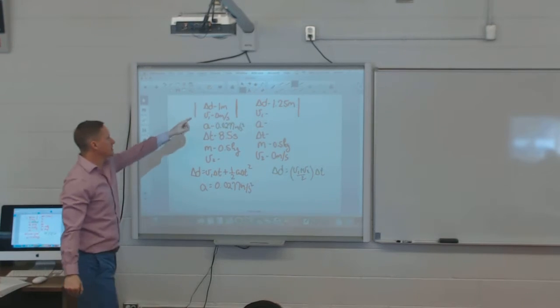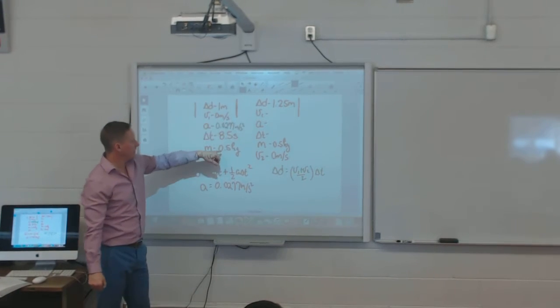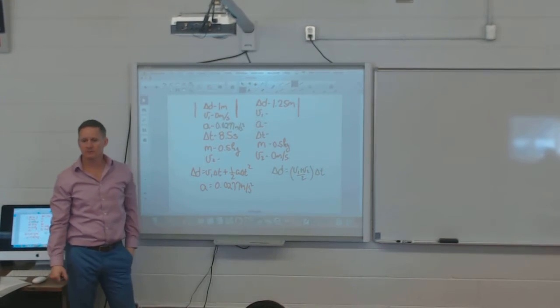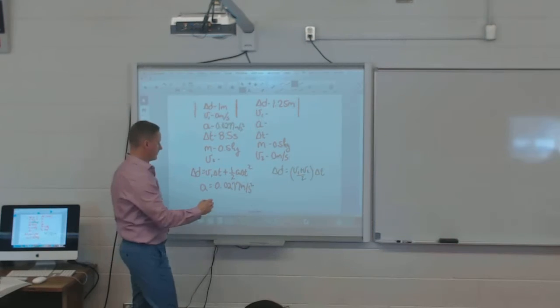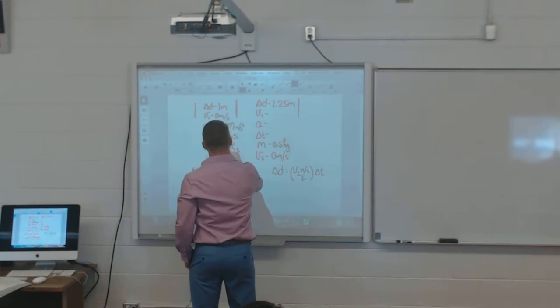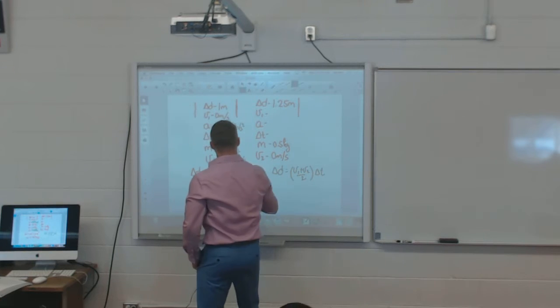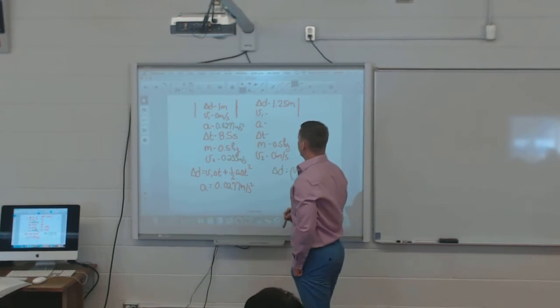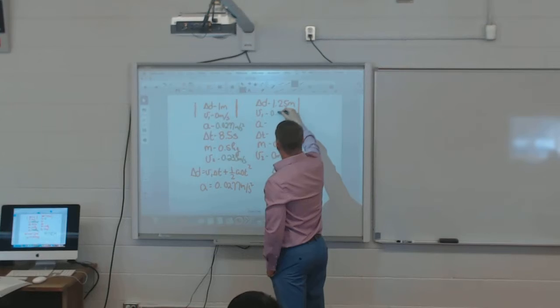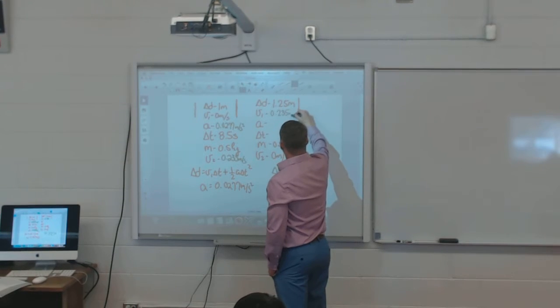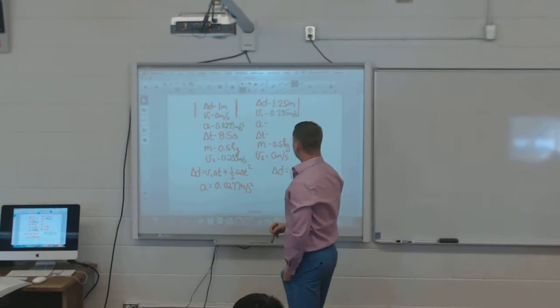So anyways, let's do it my way. 2 divided by 8.5 is 0.235. Did I get the same answer? Okay, perfect. So this is 0.235 meters per second. Up here, I have 0.235 meters per second.